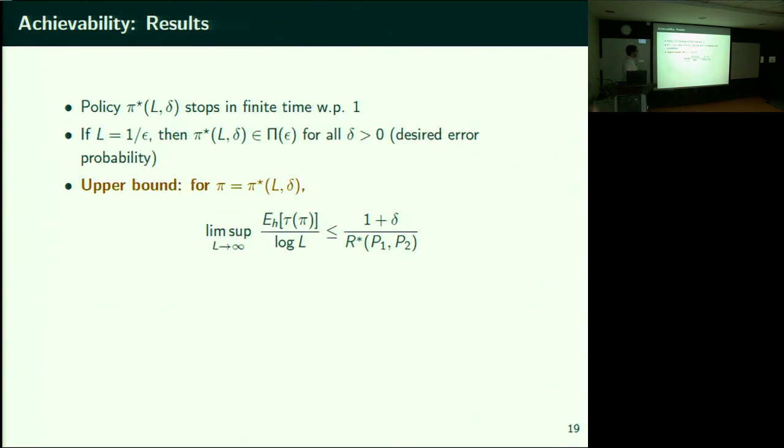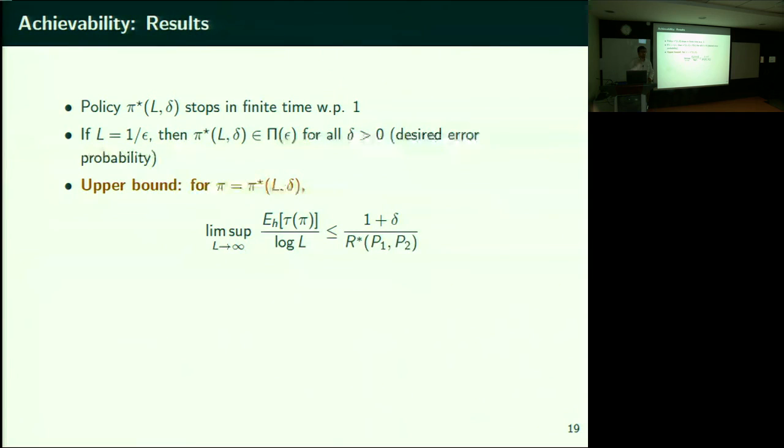Okay, so our policy actually has this sort of an upper bound, and here delta is some parameter that you choose in order to ensure whatever degree of accuracy you want to the lower bound. The lower bound is a supremum. So your upper bound can come arbitrarily close to the lower bound, and that arbitrariness is captured by a delta.